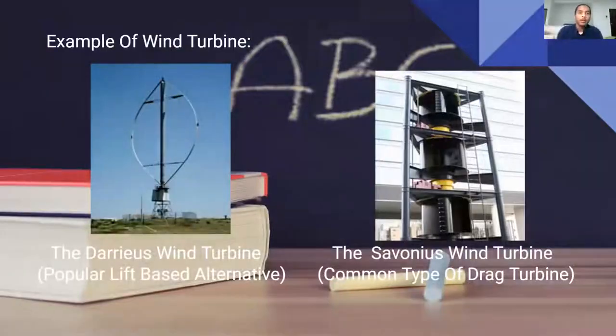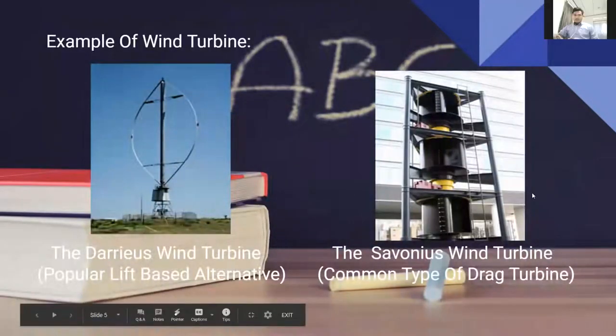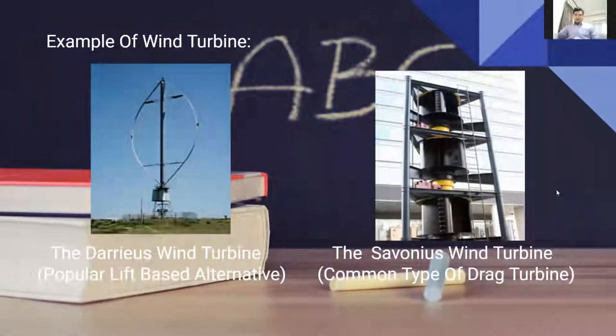These are some examples of wind turbine. The first one is the Darrieus wind turbine, the popular lift-based alternative, and the second one is the Savonius wind turbine, which is a common type of drag turbine.